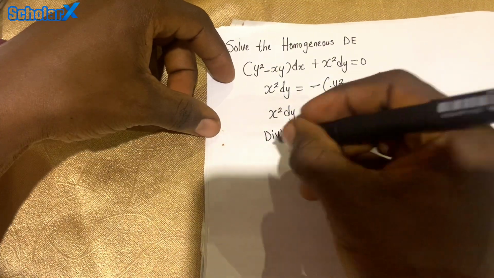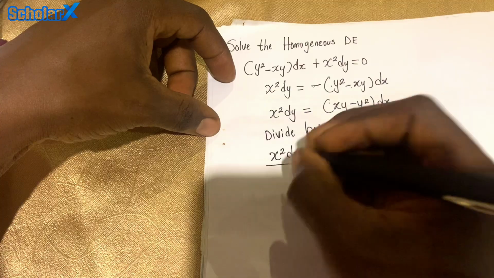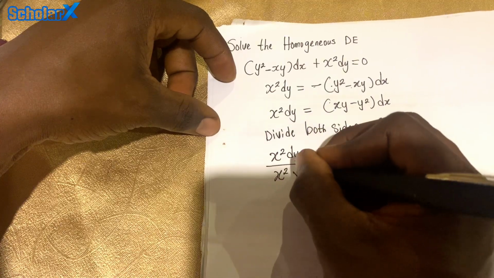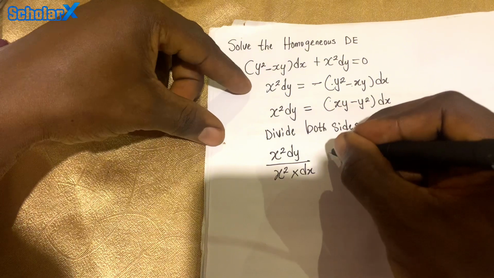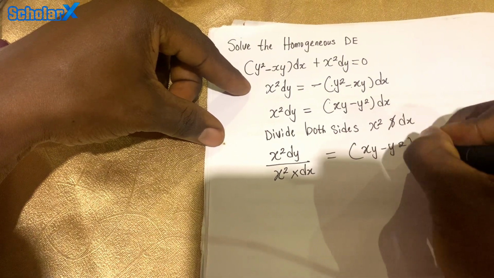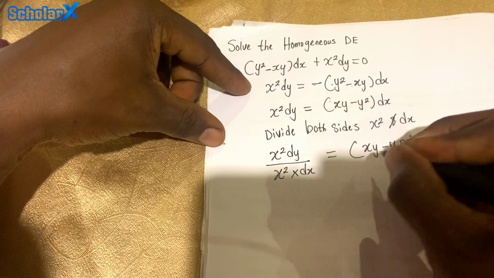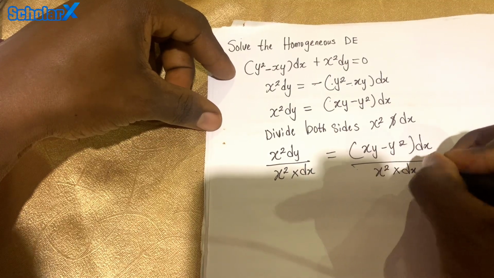So it becomes x² dy over x² dx, is equal to (xy − y²) dx over x² dx.